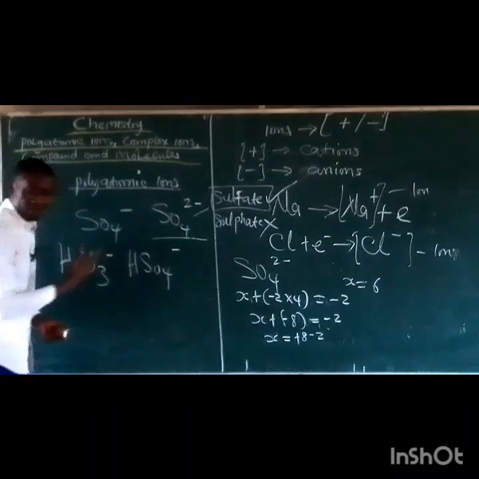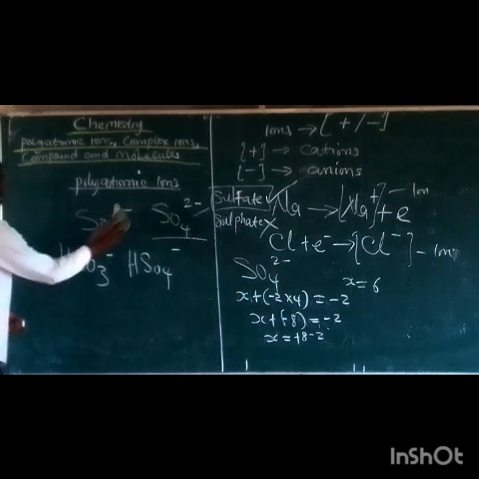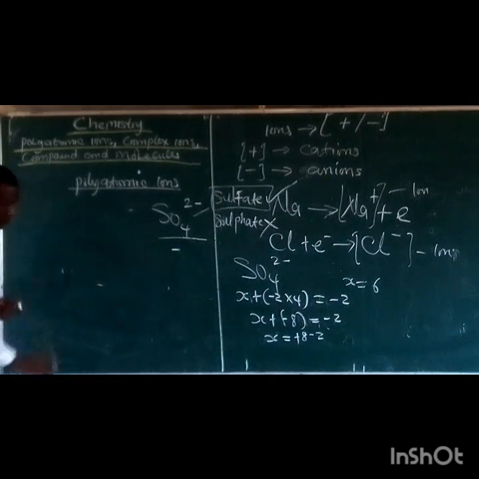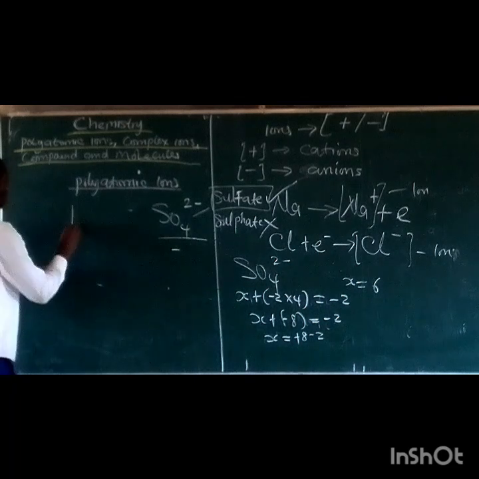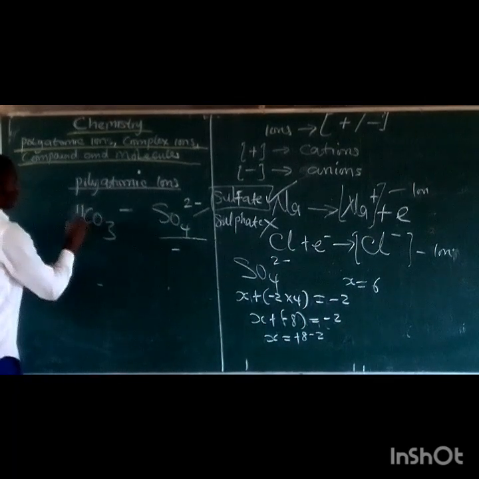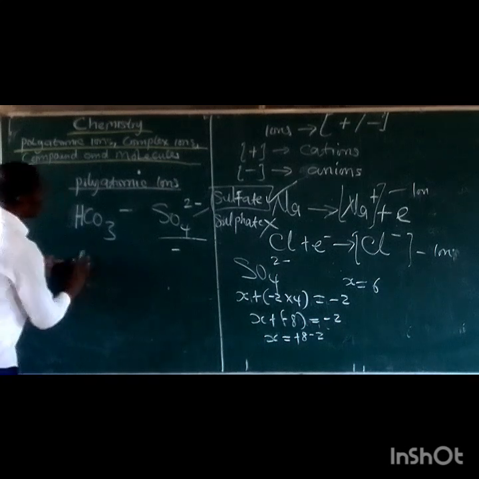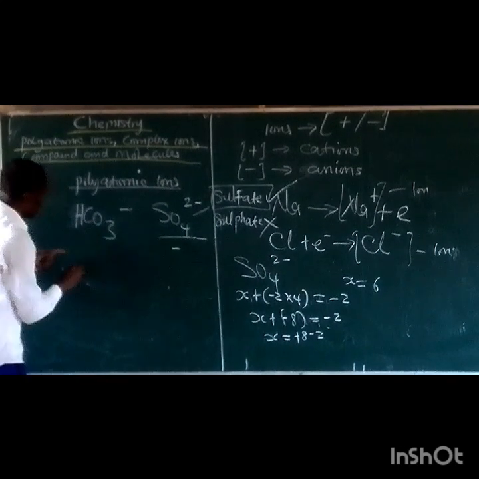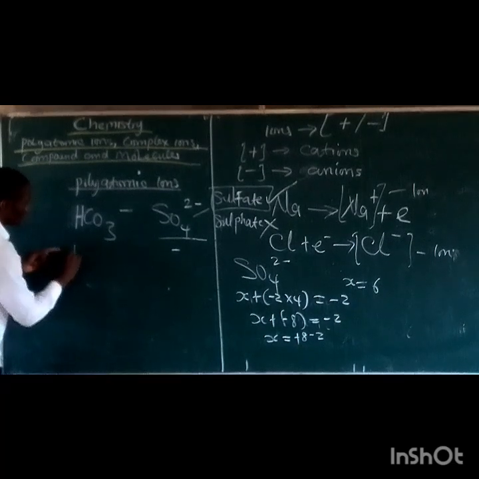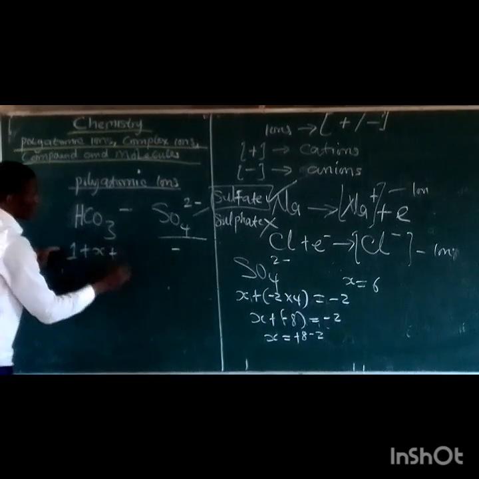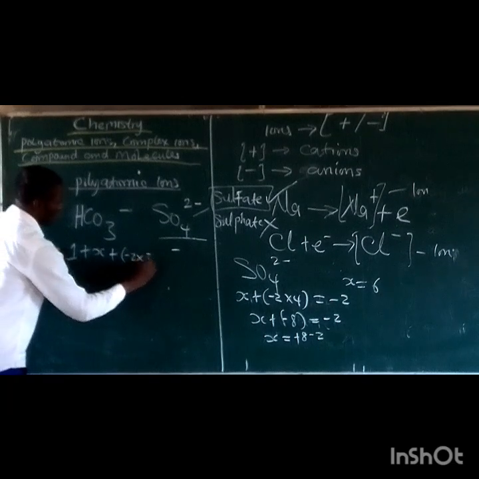Alright, can we name any of those? Let's pick up any of those. Let's pick this one, HCO3 minus. Now, what's the name of this? Well, we need to find the oxidation number for carbon. Hydrogen is 1, plus carbon is X, plus oxygen is -2 times 3.